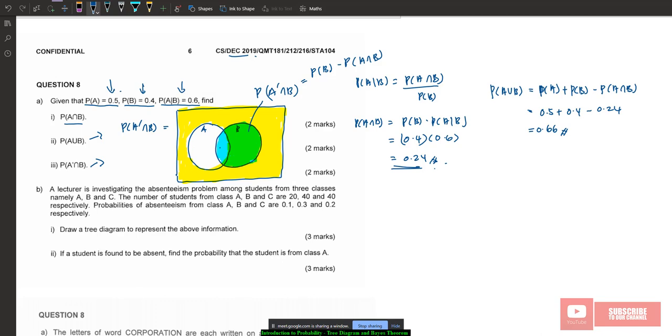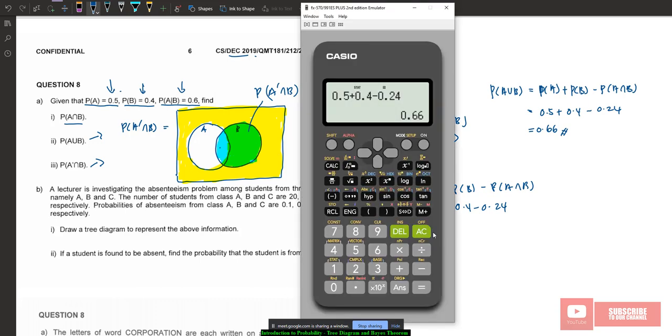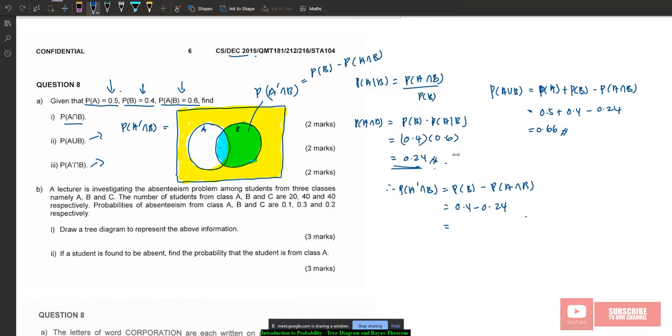So this is 0.4 minus 0.24, which is 0.16. So 2 marks.